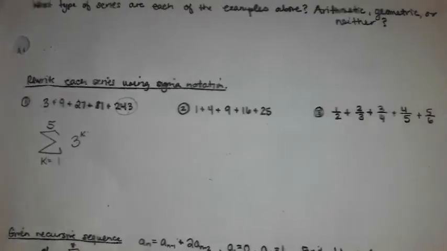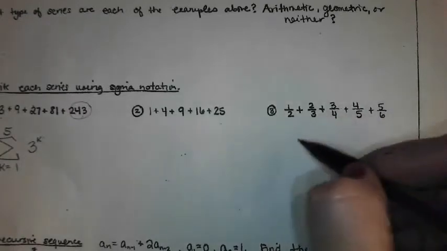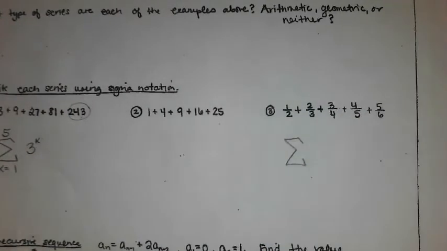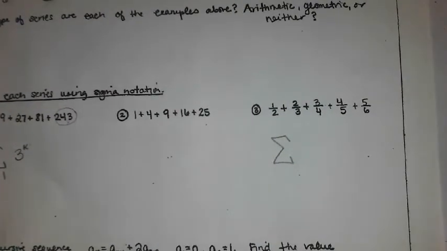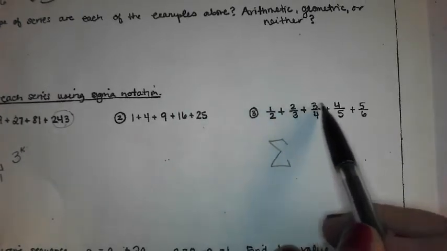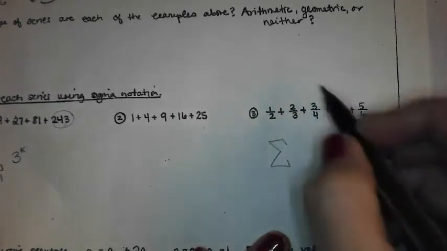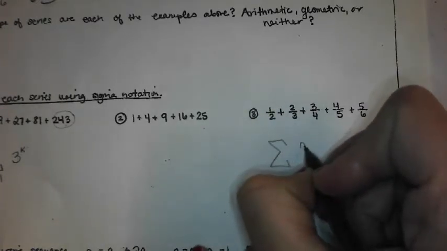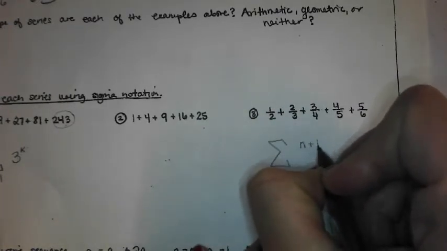Okay, let's jump to 8. Something that's a little less obvious. What's the pattern here? The numerator keeps increasing by 1, right? So I'll let that be n plus 1.